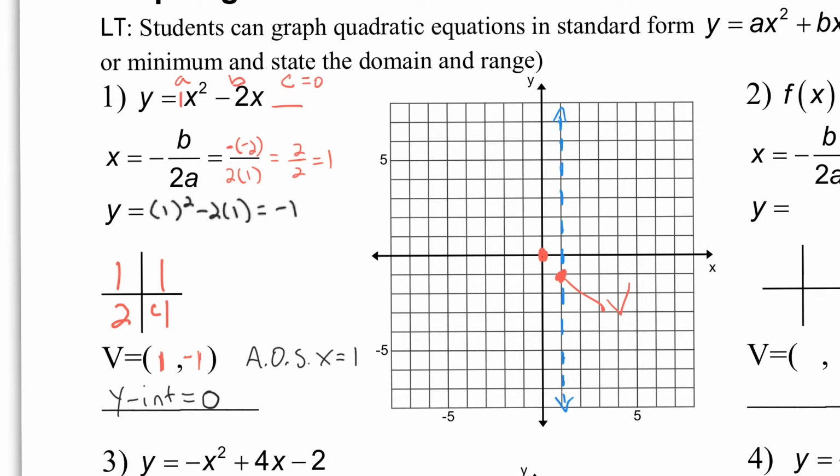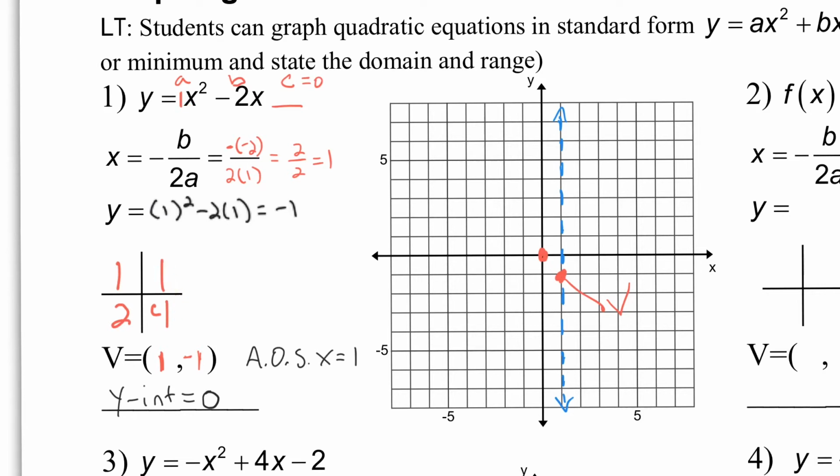Then I'm going to use my pattern to find more points, okay? So look at my pattern. My pattern is 1, 1, and 2, 4. This comes from the parent function of a quadratic function. You guys can watch my video on this section. But right now, since a is 1, we don't need to multiply the 1 and the 4 by any number.